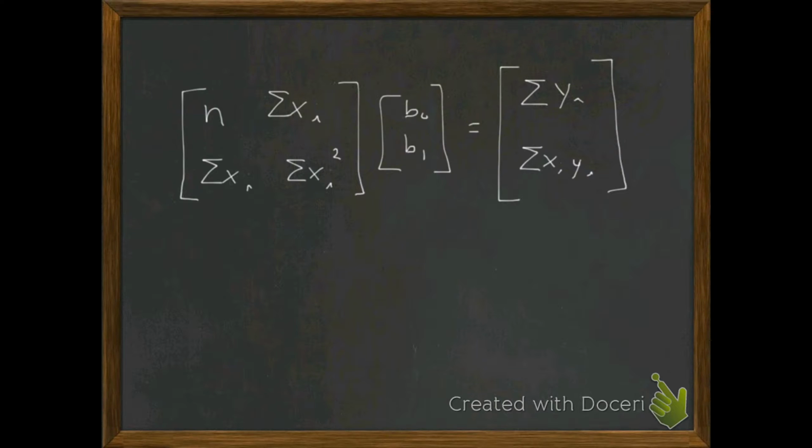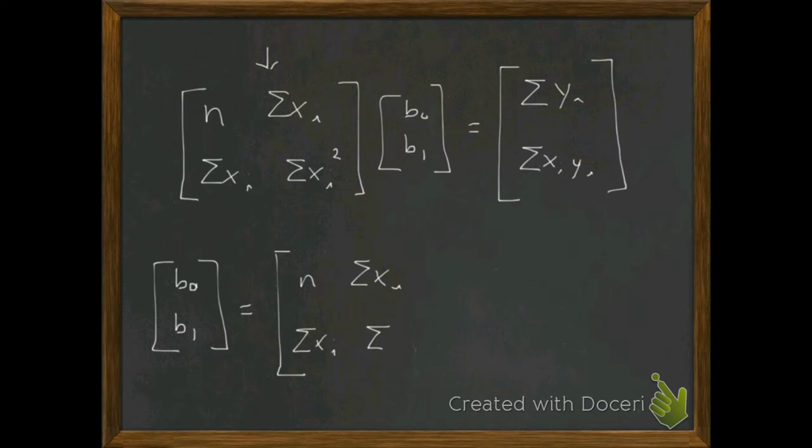Now, if I take the inverse of the matrix that I have here on the left, you should realize at this stage of the game that we can find B by taking the inverse of the first matrix multiplied by the end matrix.